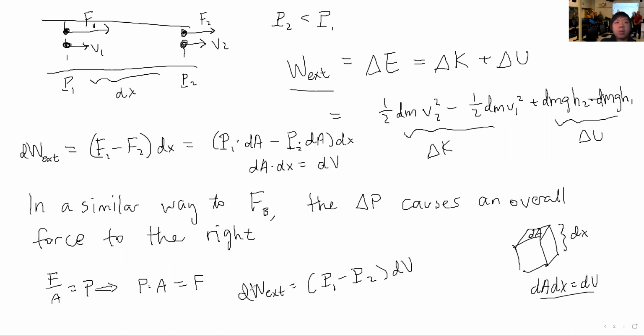So the work is equal to the difference in pressure times dV, right? And then we can make this a differential. So dW/dV is just equal to the difference in pressures, right?